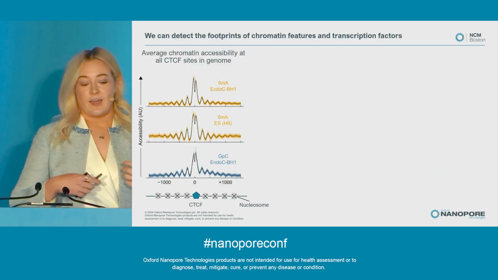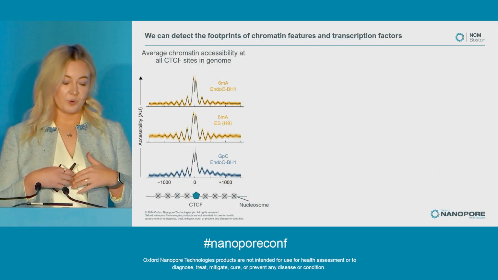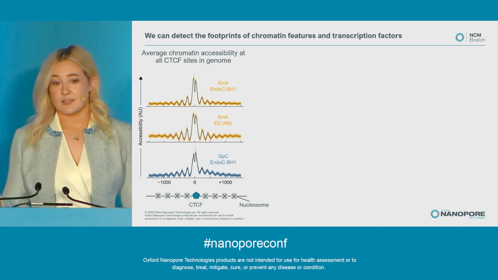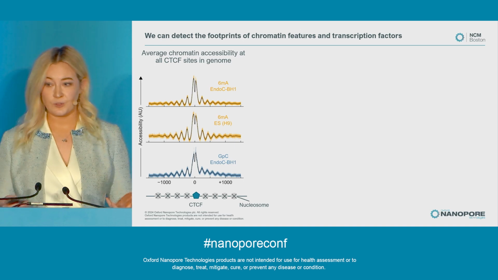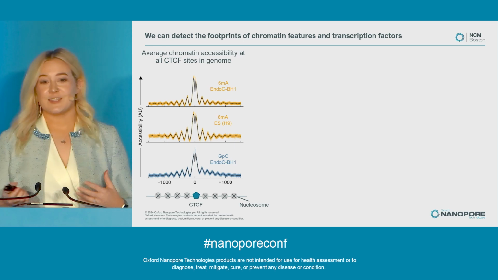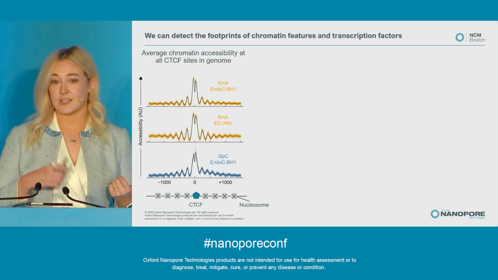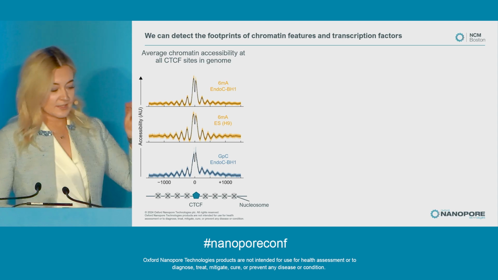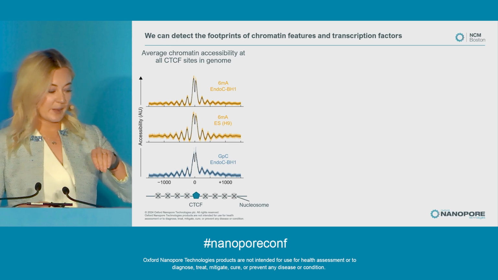So I'm going to use a CTCF site as an example for looking at this base pair resolution. Firstly, because we use these CTCF sites as a positive control for making sure our methylation has worked. But also these CTCF sites have a very characteristic accessibility pattern. In the very middle is the CTCF transcription factor, which is bound.